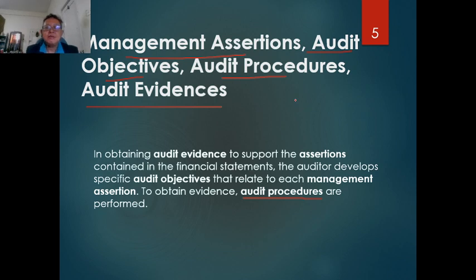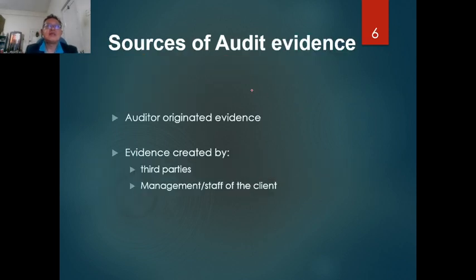Now let us see what the sources of evidence are. There are several sources of evidence. One is where the evidence is gathered by the auditors themselves, what we call auditor-originated evidence, where the auditor seeks the evidence themselves. Some evidence you can also gather from third parties, and some evidence you get from the staff or management of the client.